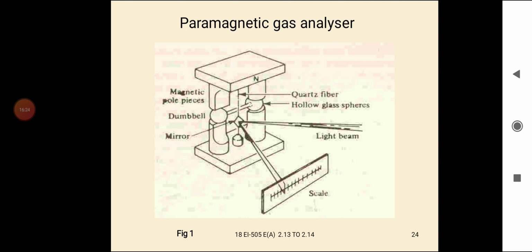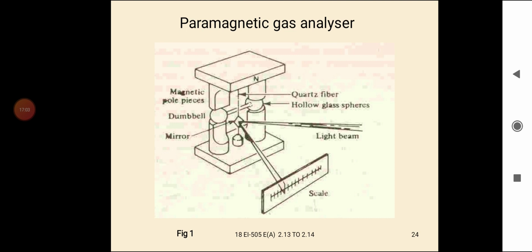Whenever a sample of oxygen gas is to be analyzed, it is passed into the chamber and drawn to the chamber surrounding the dumbbell spheres. The magnetic force on the dumbbell spheres is altered, and they move away from the maximum magnetic flux density.